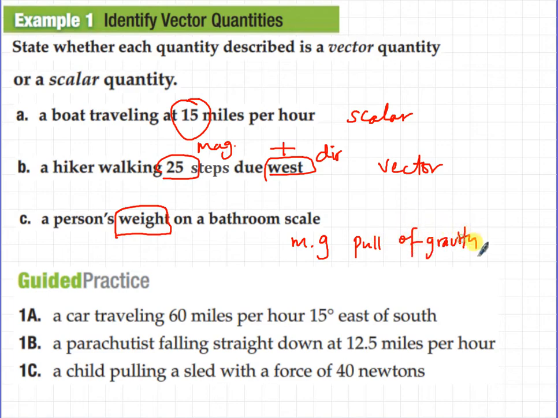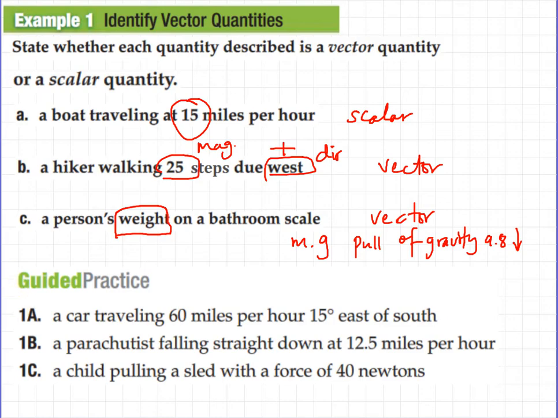Gravity has a magnitude, which is 9.8, and direction, which is downward, so weight is also a vector. Here are other three examples. I leave them for you to do. Okay. So this is for identifying vector quantities, or differentiating between vector and scalar quantities.